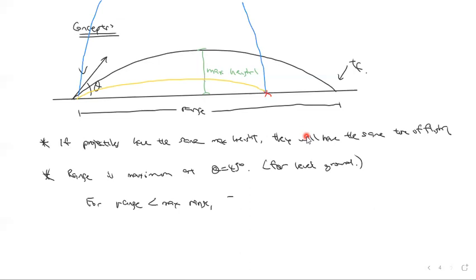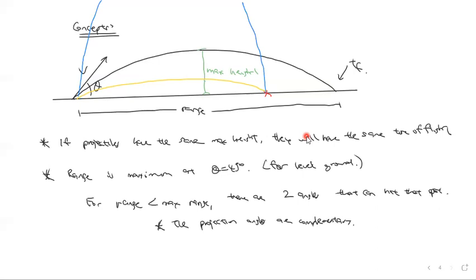there are 2 angles that can hit that spot. If one of them is alpha, then the other is 90 minus alpha. The projection angles are complementary. So you can think of it as alpha and 90 minus alpha, or you can think of it as 45 plus an angle and 45 minus an angle.